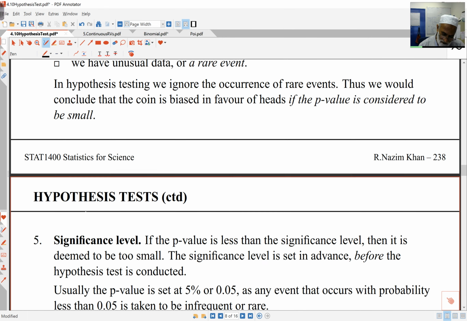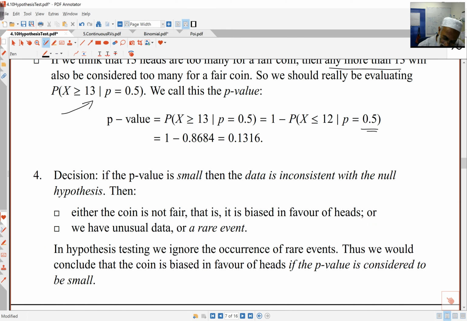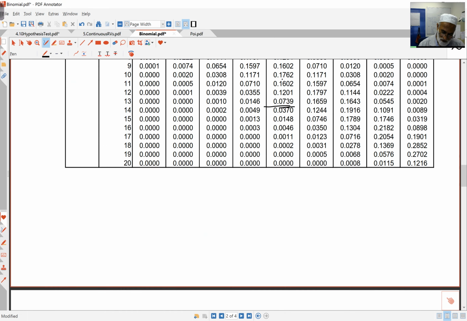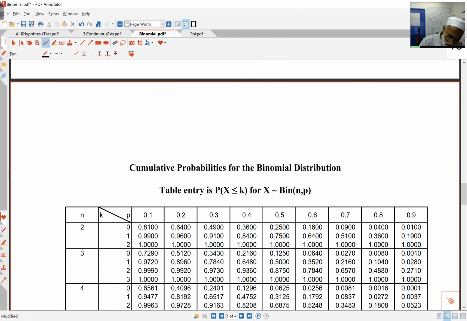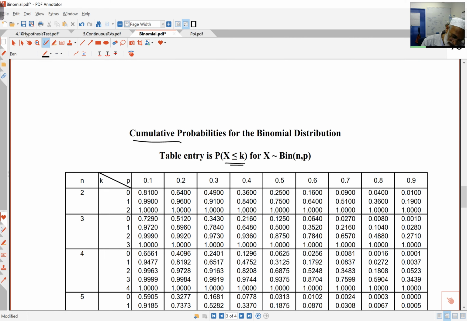But I'm now looking for x less than or equal to 12. So in my binomial distribution, I go further down and look at cumulative probabilities, probabilities of being less than or equal to. So it says here, the table entry is x less than or equal to k, where x is binomial. Here are my values for k, and there are my n's down this way, and my p's are across over here.